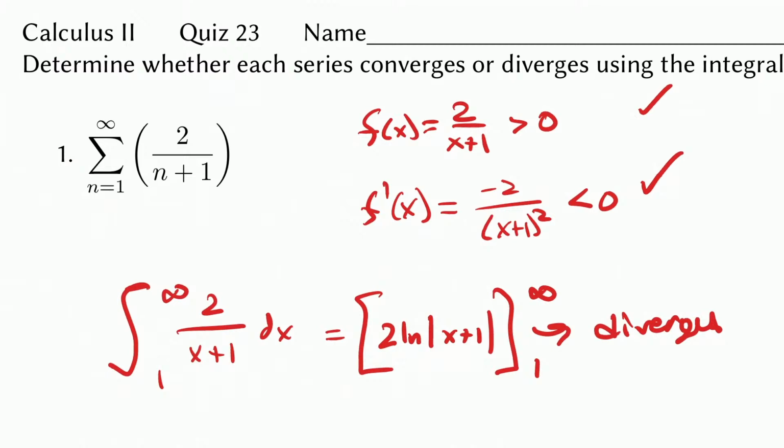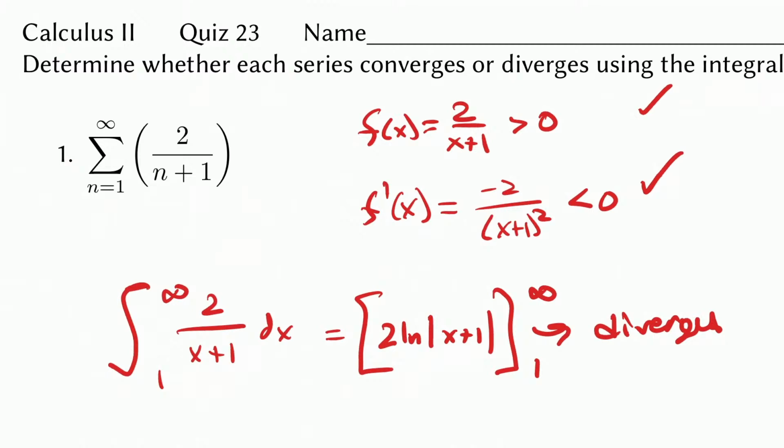Okay, so here it is. Here's my first one. I actually went through and thought I should at least show you what it means to check if you can use the integral test. So I checked the function is greater than 0, because x will always be bigger than 1. I did the derivative, and you'll notice that no matter what you plug in here, we're dealing with positive numbers, this will always be negative.